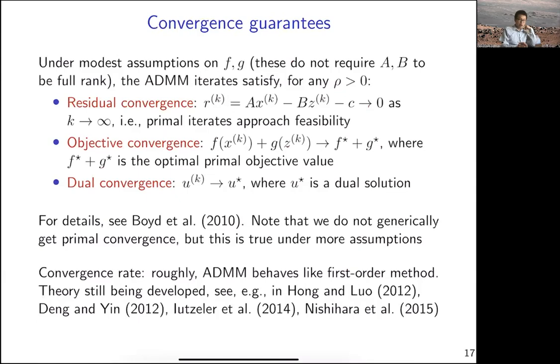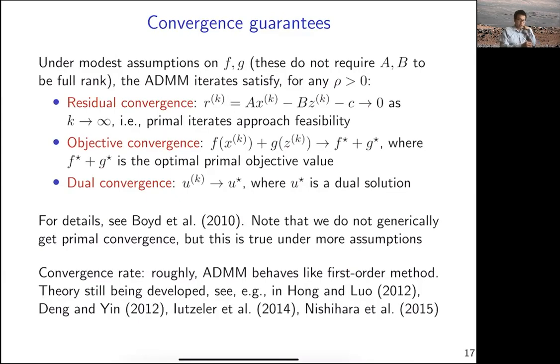And then you also get the convergence of the sum of the iterates f and g, the primal objective function, to the optimal primal objective value. And in terms of the dual, you can show that the dual would end up converging to the optimal solution.